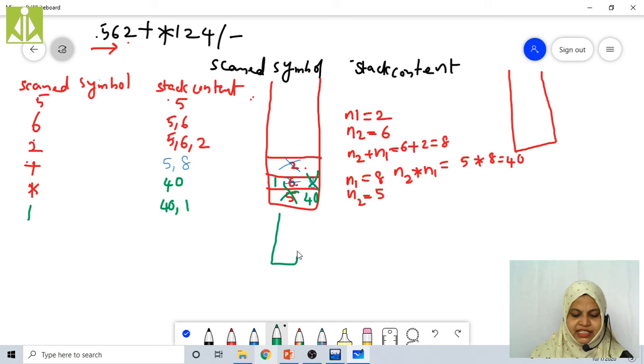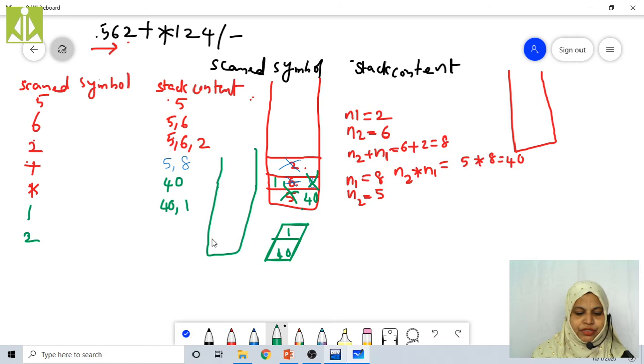Next encountered element is 2. 2 is an operand, so you have to insert this 2 into the stack. Now the stack consists of 40, then 1, then 2.